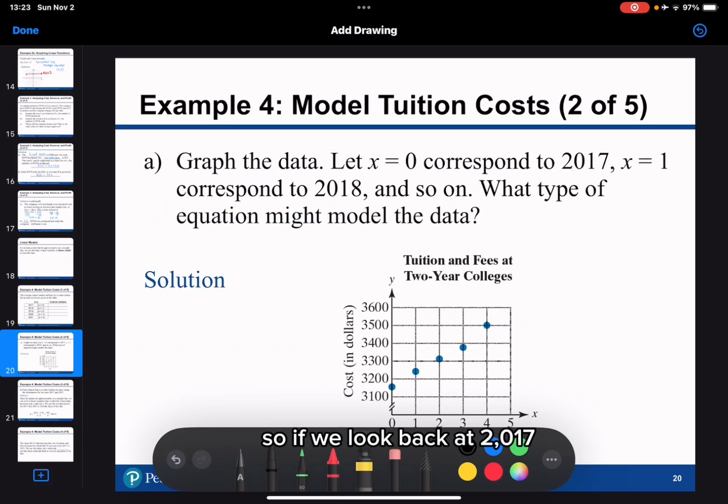So if we look back at 2017, that's when x equals 0. We have this ordered pair here.